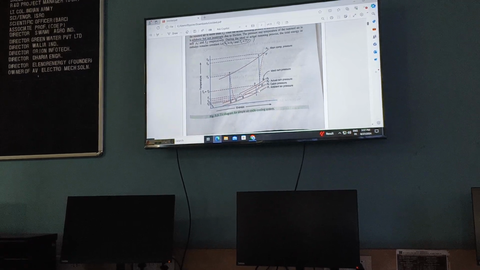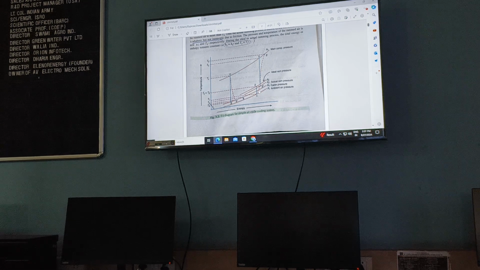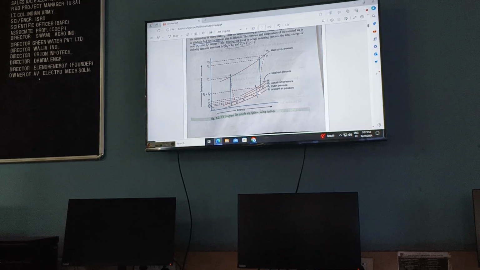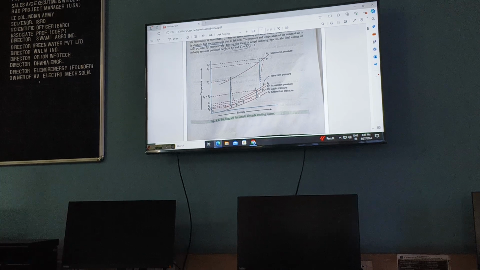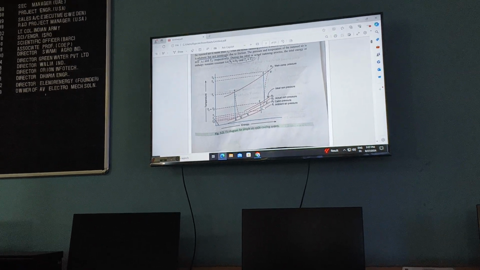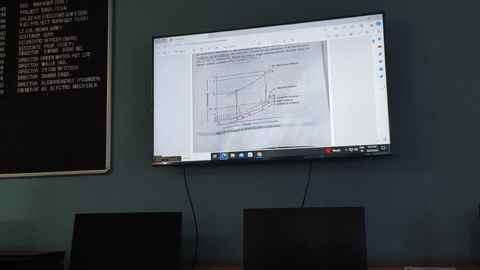If ramming efficiency is given, then you need to consider this. I have sent you the previous solved numericals today. In the first numerical you might have seen, if ramming efficiency is given, then you need to consider this.